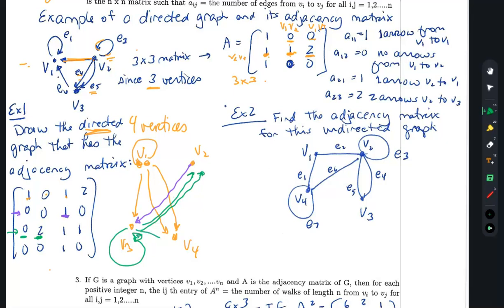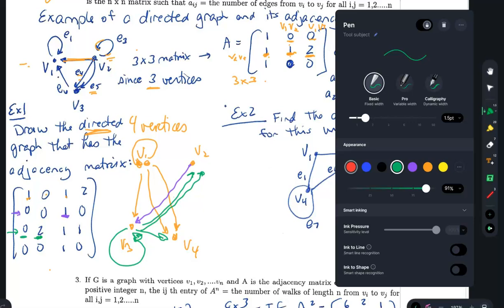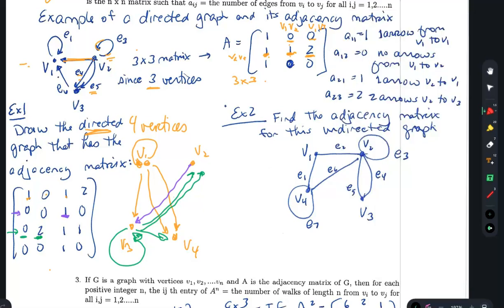And V3 is also going to V4. Last row here, V4 is going to V3 with 1 arrow. And there it is. So that's your directed graph from the adjacency matrix.